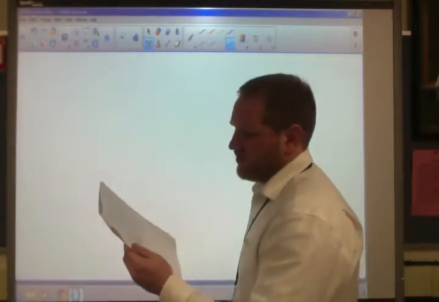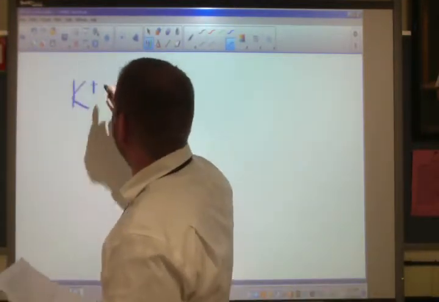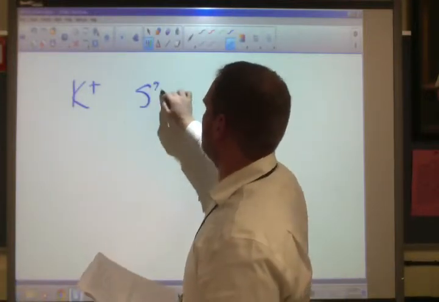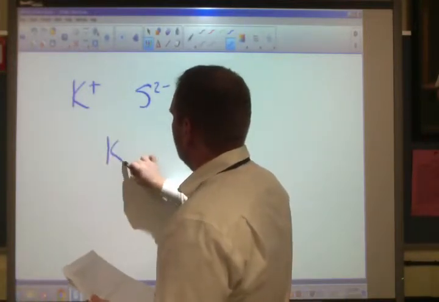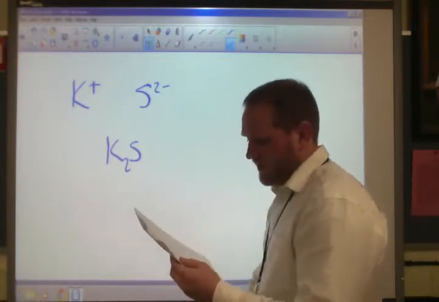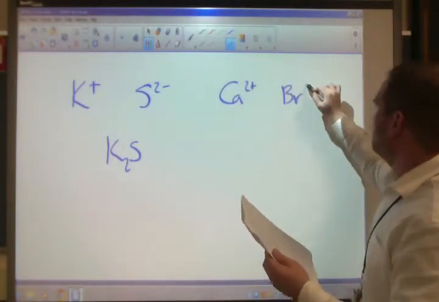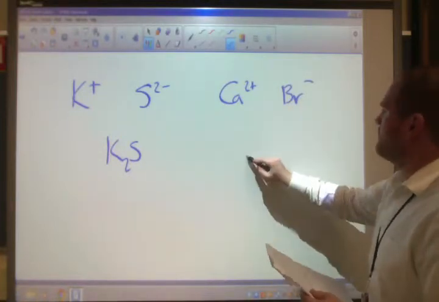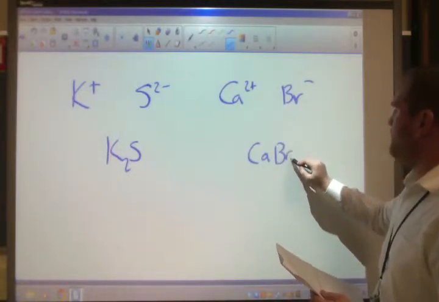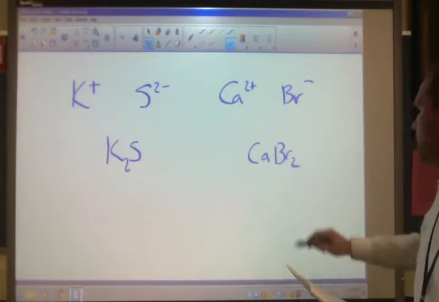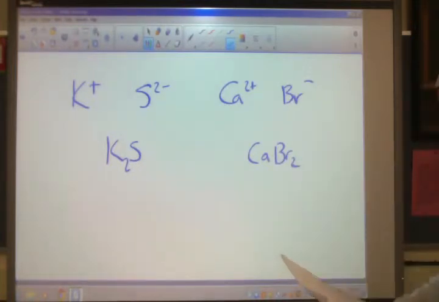Alright, potassium and sulfur. Potassium is K+, sulfur is S2-, crisscross rule, K2S. Calcium is 2+, bromine is 1-, crisscross rule, CaBr2. Just like that, crisscross rule.